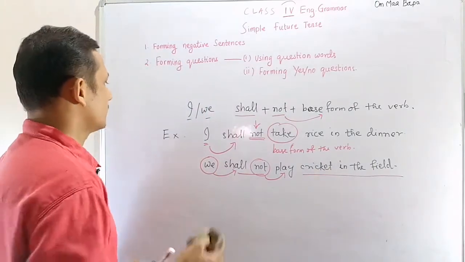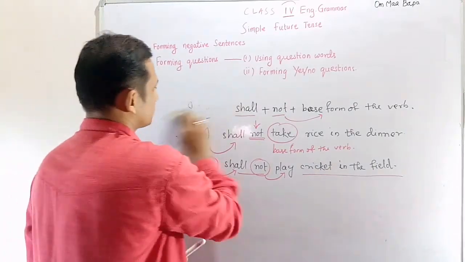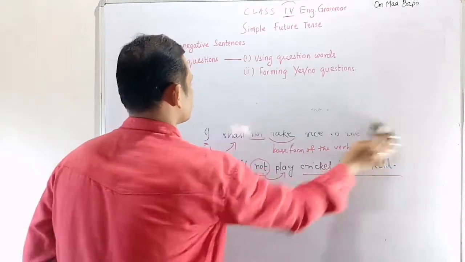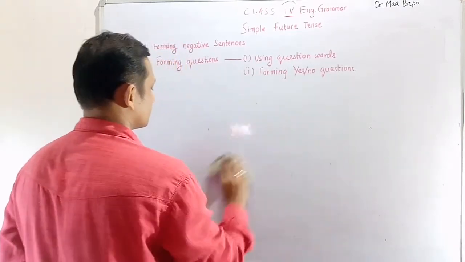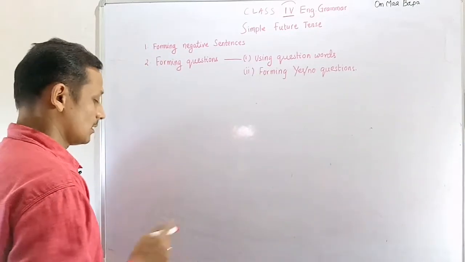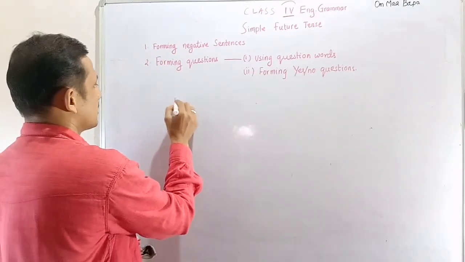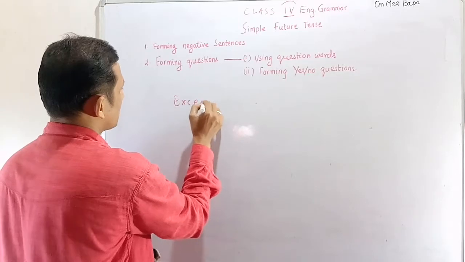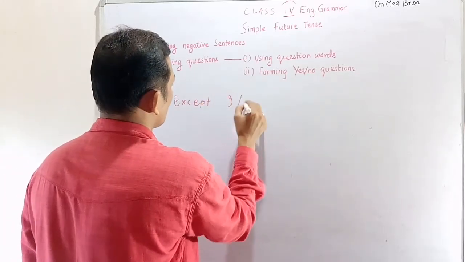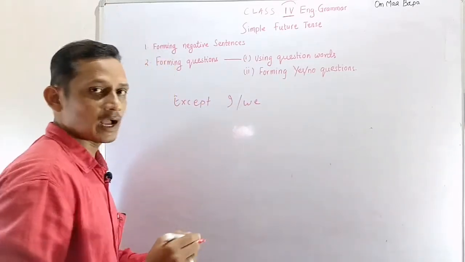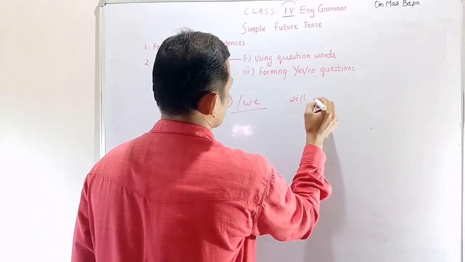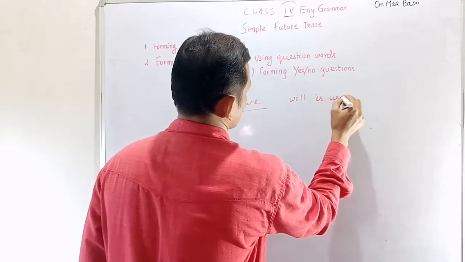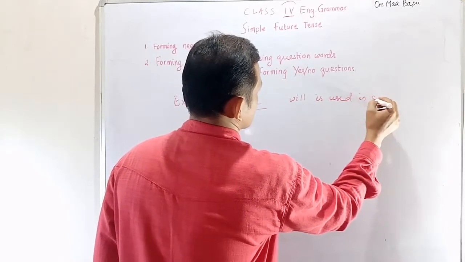Now, except I or we, will is used in negative sentences.